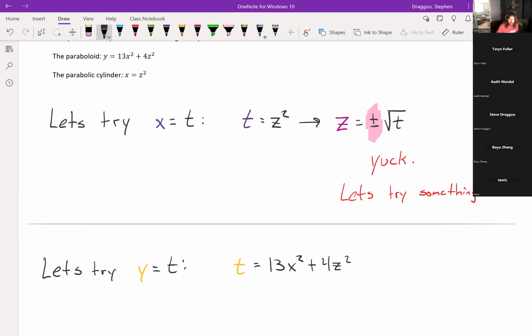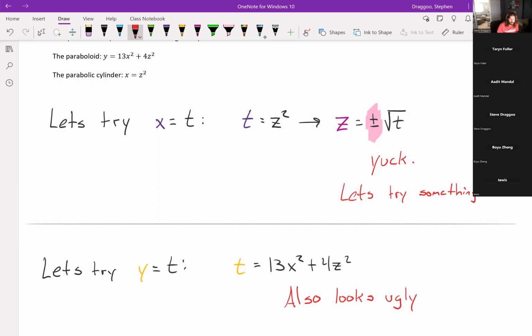And already that's not looking great. I've got two variables, both of them are squared. I don't really know which one to solve for next. There's no clear path forward. I think that this attempt, maybe I'll come back to it if I try another parameterization and it also doesn't work, but this one right now looks even worse than the last one. I don't really see what to do next.